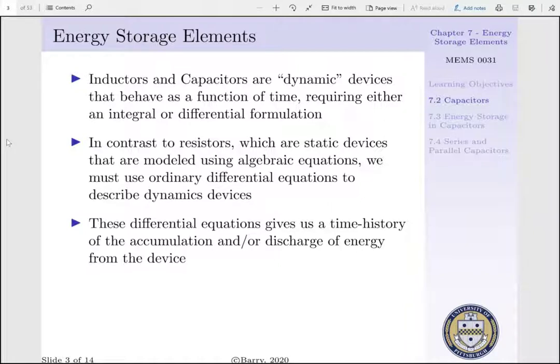These devices differ in contrast to linear devices, such as a resistor, which are static and modeled using linear algebraic equations. These differential equations that we use to describe the behavior of these dynamic devices give us a time history of the accumulation and or discharge of energy from the device. That is, capacitors and inductors can store or dissipate energy as a function of time.